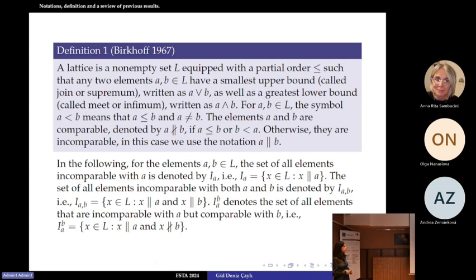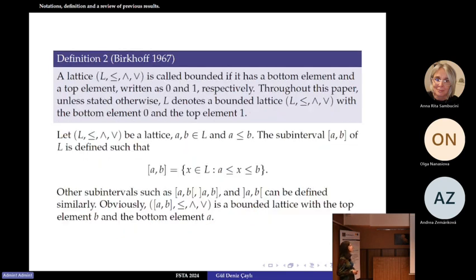Here, we define some sets used in this paper. This set denotes all elements incomparable with A. We denote by this notation the set of all elements incomparable with A and B. Lastly, the set denotes all elements incomparable with A but comparable with B.